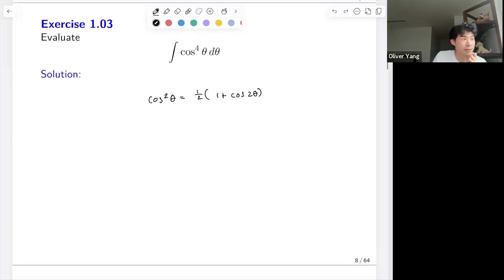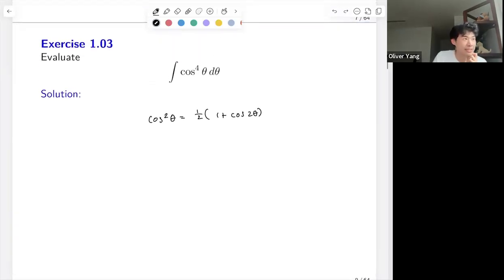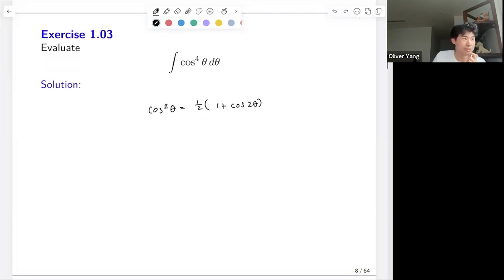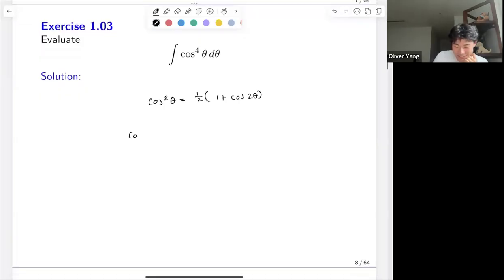So now that we know this, cos 4 theta would be double that. So cos 4 theta is going to be, we take the half, 1 plus cos 2 theta, and we square everything.